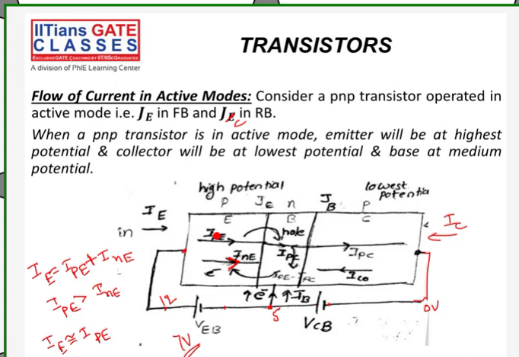Holes are coming from the emitter region, entering the base region. Few holes, or out of 100 we can say 1 or 2 holes, are recombined with the electrons present in the base region. Remaining holes will be crossing the collector junction and reaching the collector.